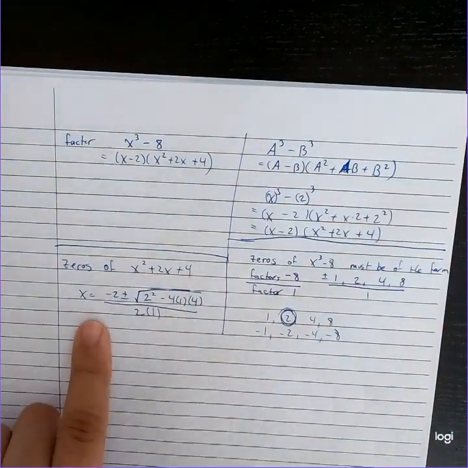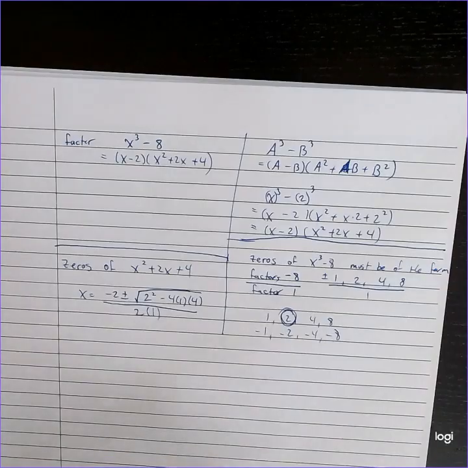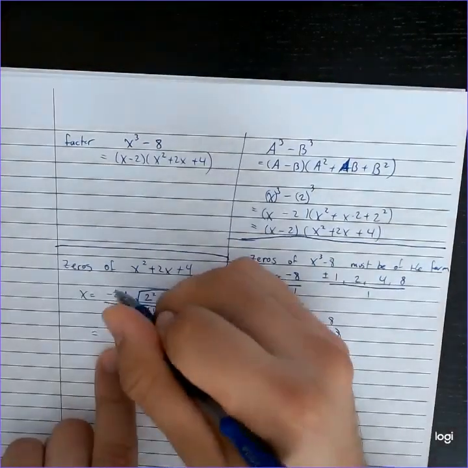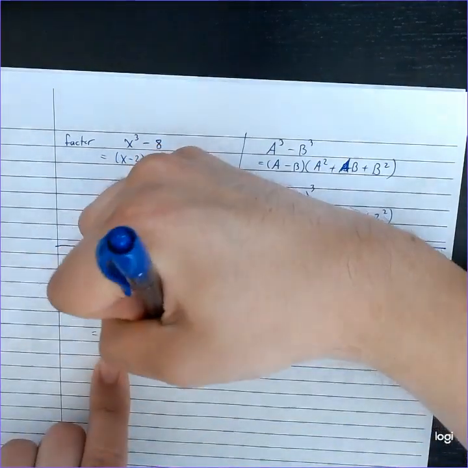We can simplify that. That's a negative 2 on top, and a positive 2 on the bottom.